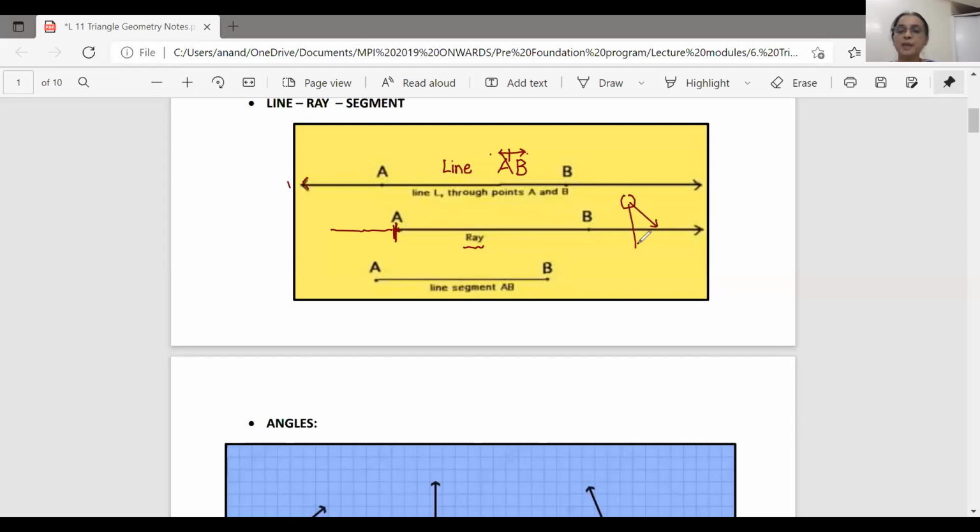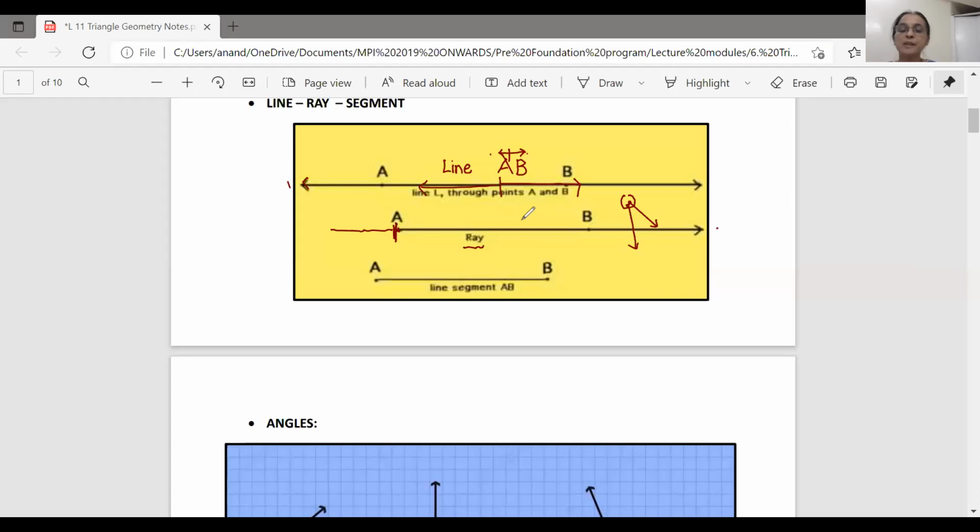It has one fixed end and the other end going indefinitely. But this is a part of a line, isn't it? When I cut the line in some place, I will get two rays. One ray will go in this direction and one ray will go in this direction. So a ray is a part of a line.